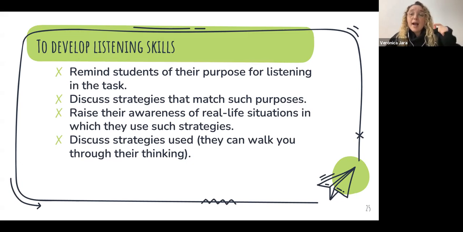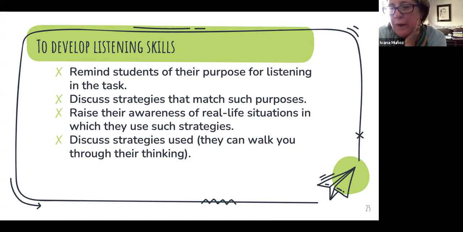Like, well, I chose letter A because when she said this or that, I was paying attention to this, or I was paying attention to everything, but then when she used this word, I started paying special attention, right?